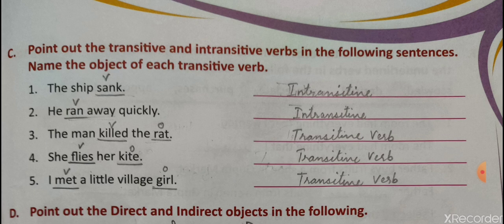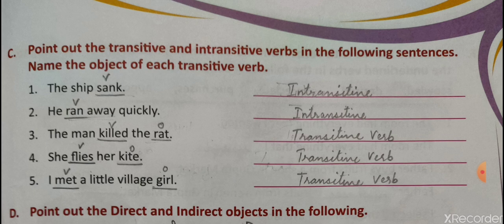So it solely depends on the presence of an object in the sentence. In this question they have only asked about the object, but I have also underlined the verbs so that it is easy for you to understand what the verb is here.